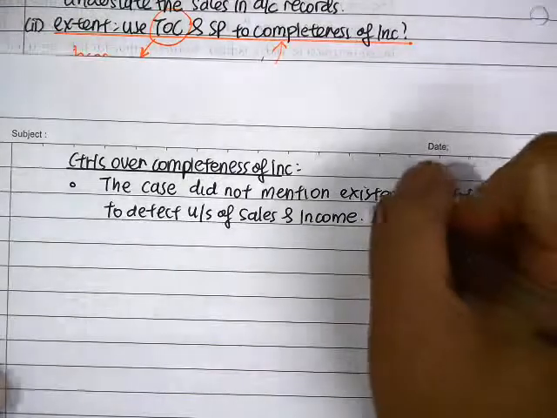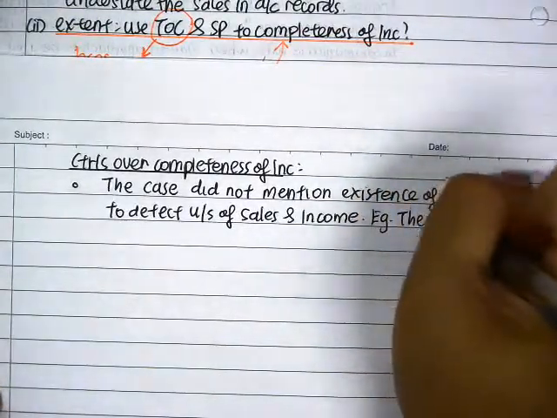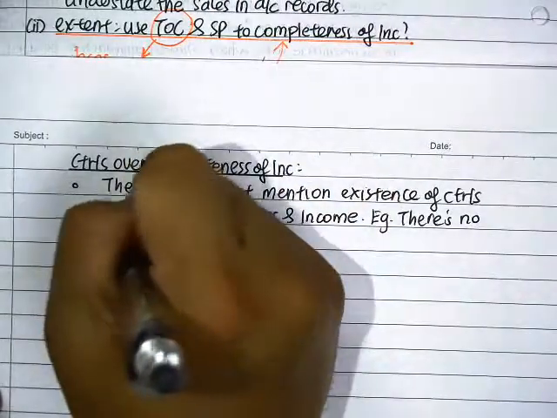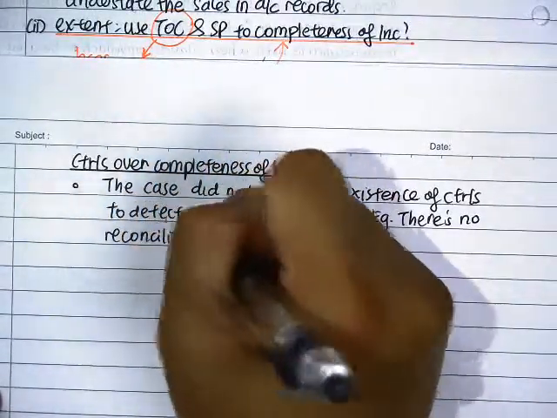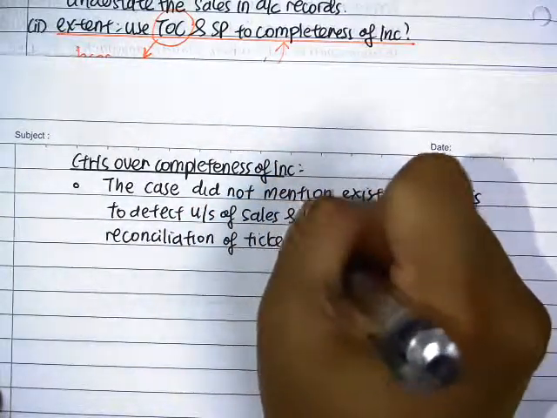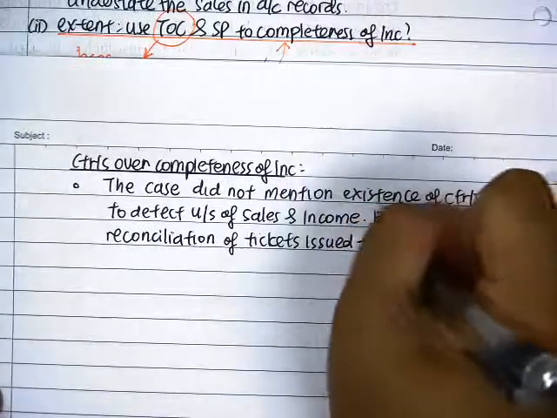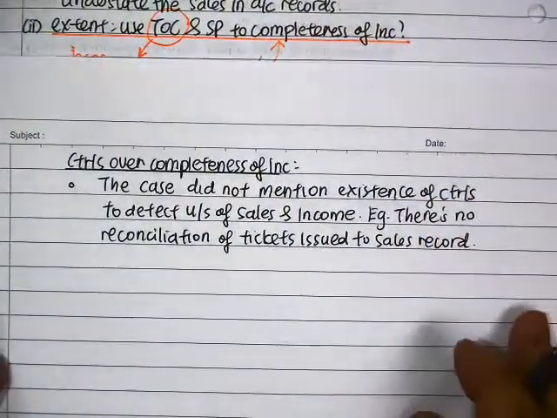For example, there is no reconciliation of the tickets issued to the sales record.